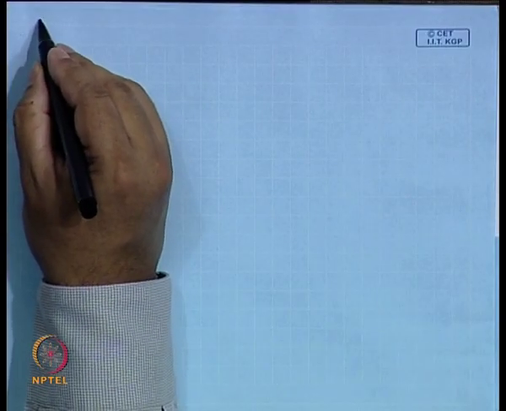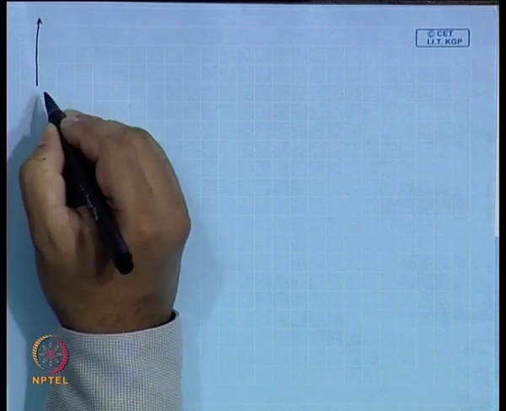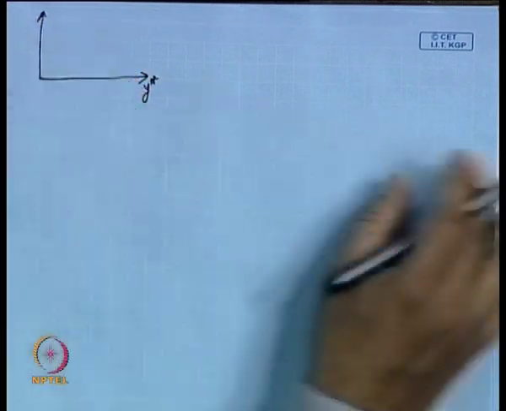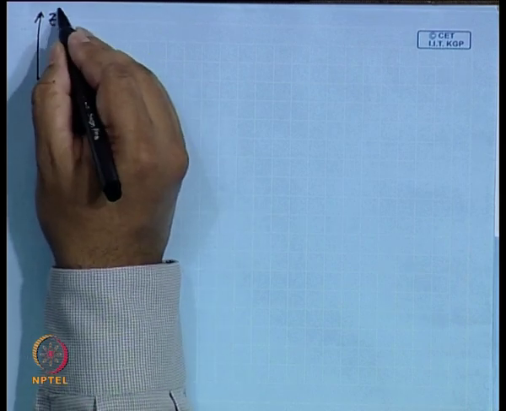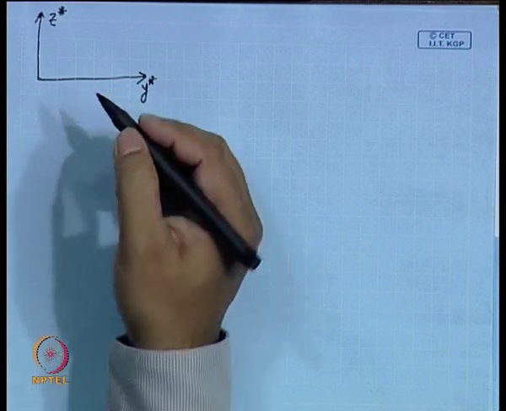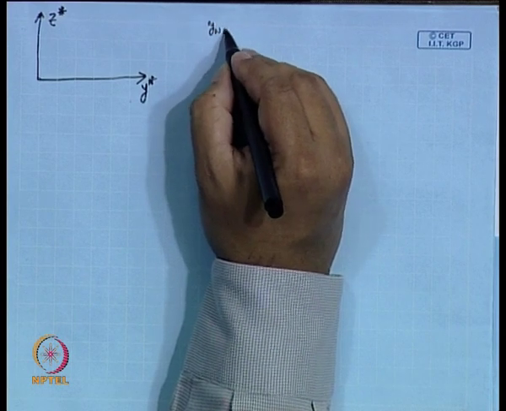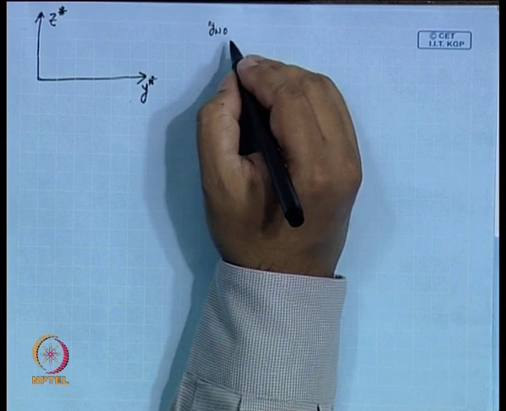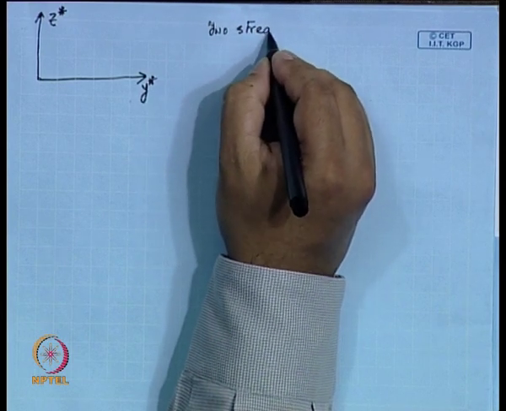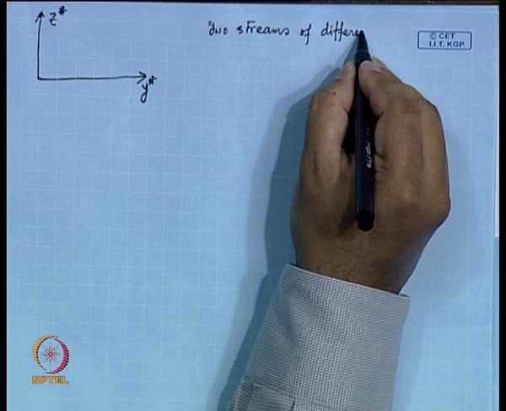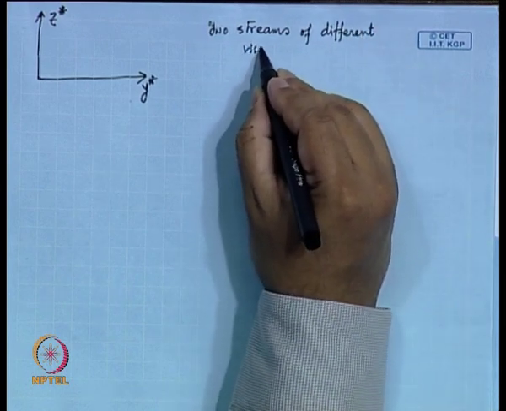Now I must point out that the same system of equations could be used where you have two streams of different viscosities.